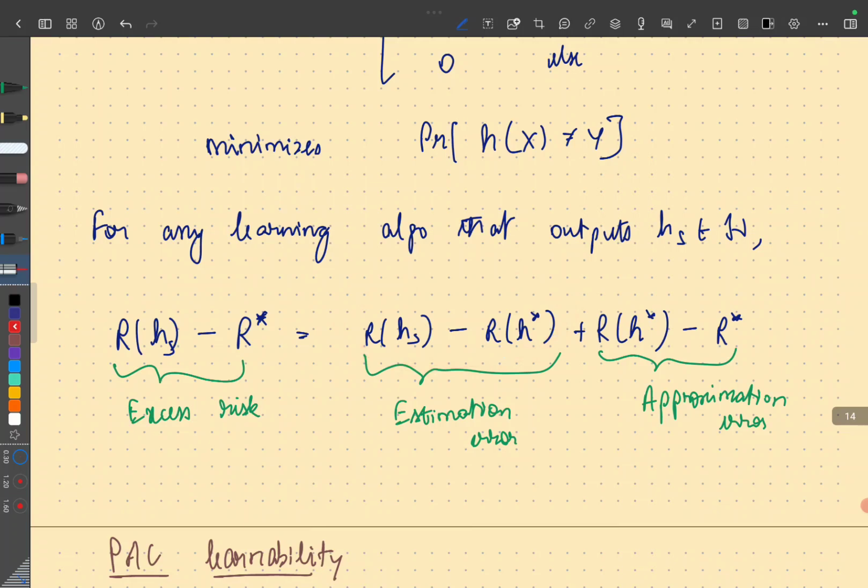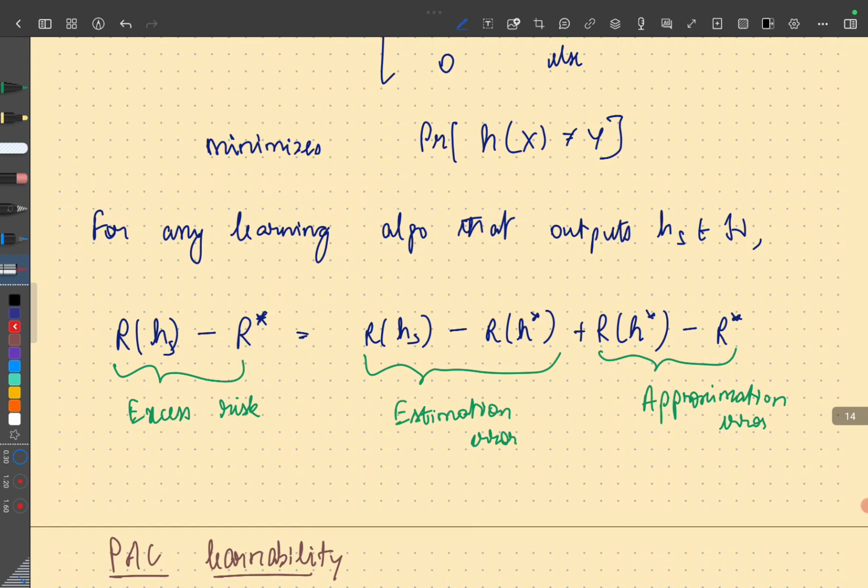So for the first part, in the next couple of lectures, we'll assume that this approximation error is something we have to live with. We'll fix a particular hypothesis class, and for that given class, we'll see how small we can make the estimation error. We'll focus on that one particular term. Later, we'll see the relationship between the two. Is it possible to make both simultaneously small?